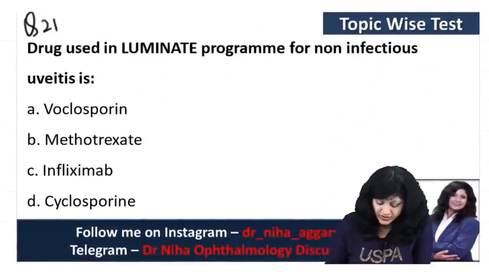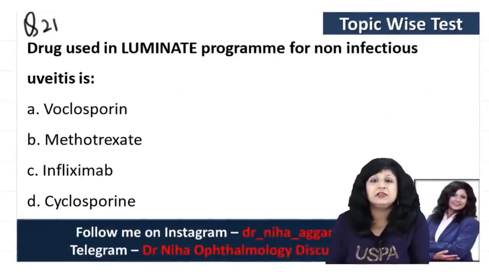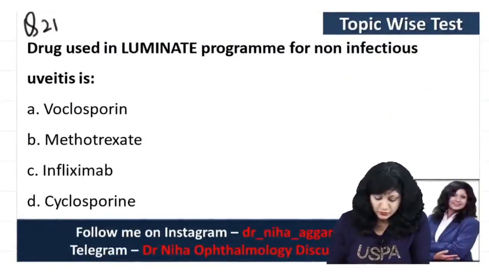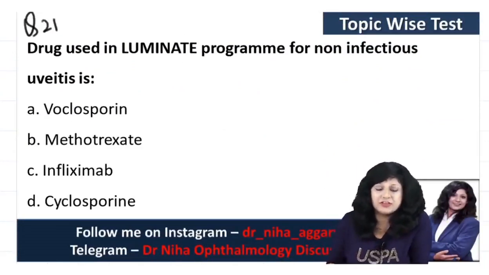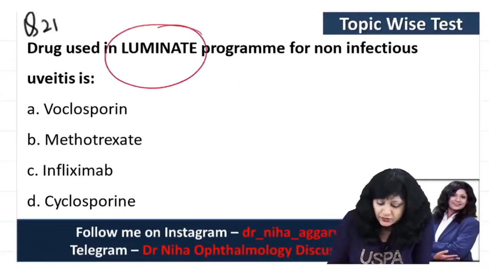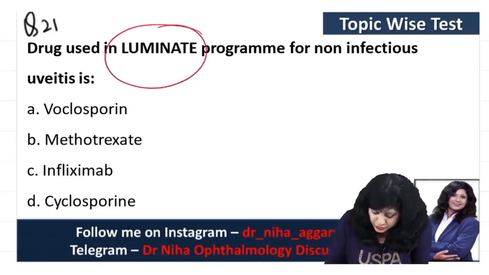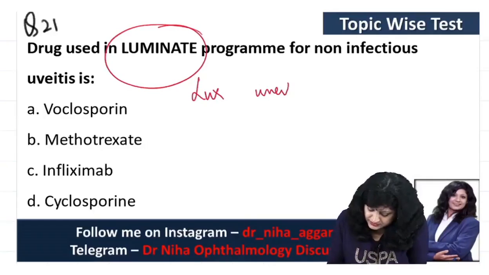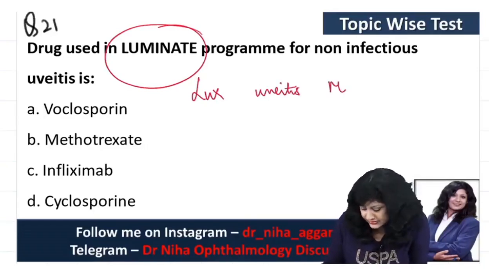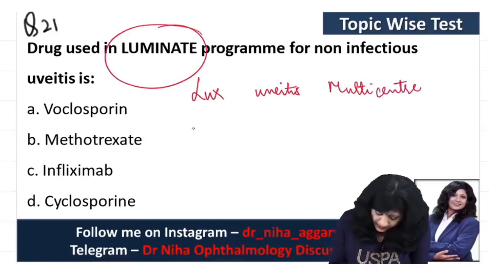Question number 21, drug used in the Luminate program. So what is the drug used in the Luminate program for the non-infectious uveitis? Actually, what is Luminate? It is actually a trial. This is your Lux uveitis multi-center program.